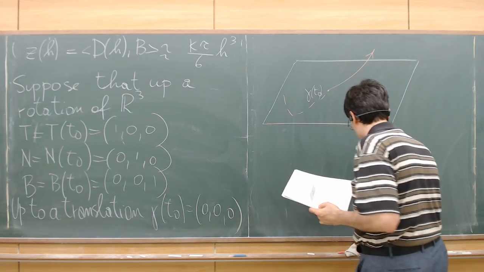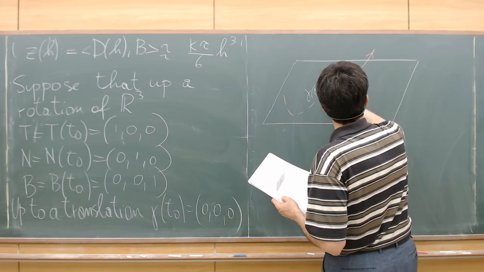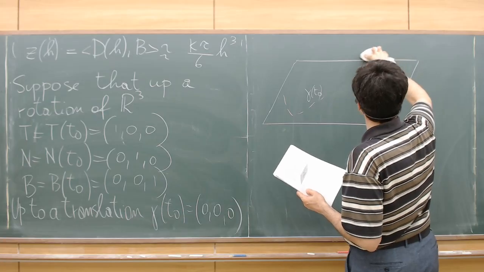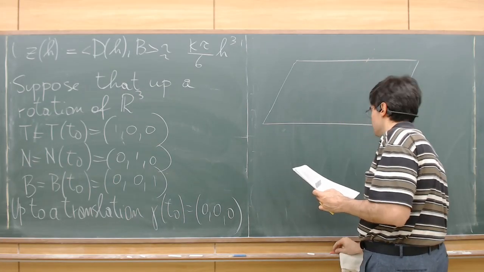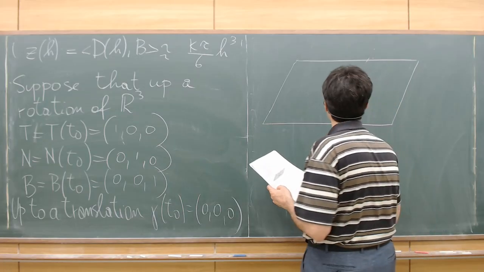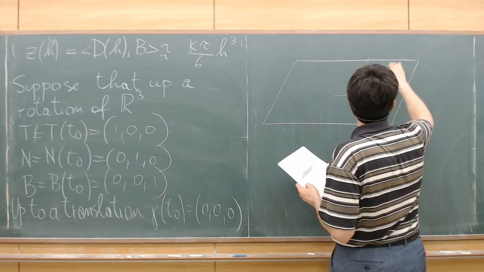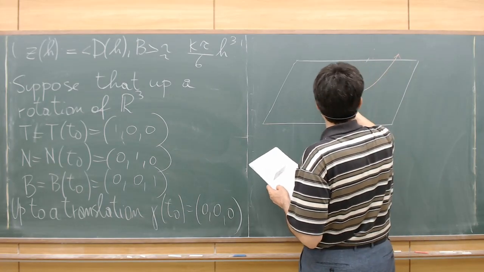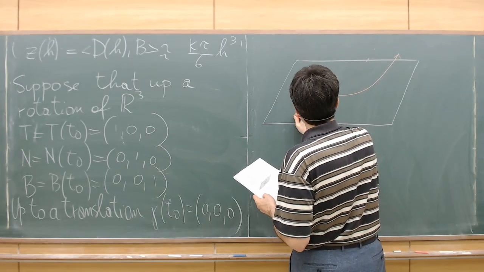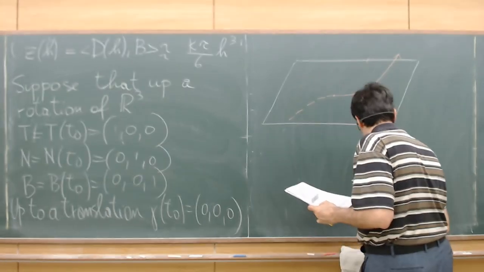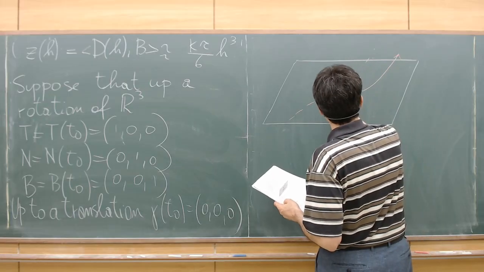No, sorry, this is not a good picture, so let me sketch another one. So this is gamma of t0.